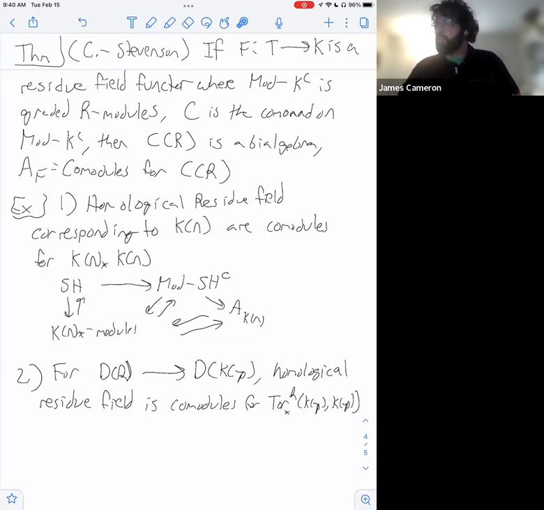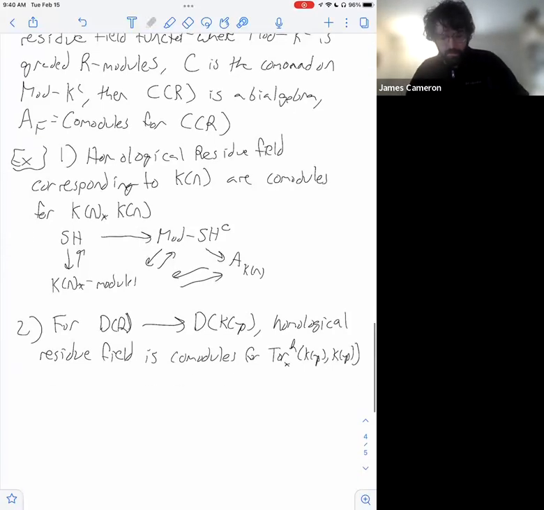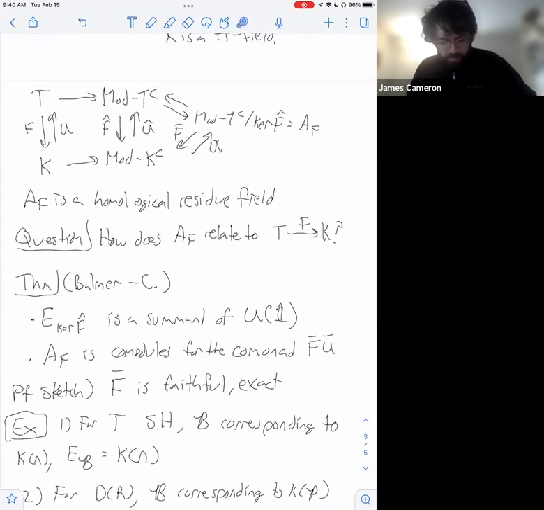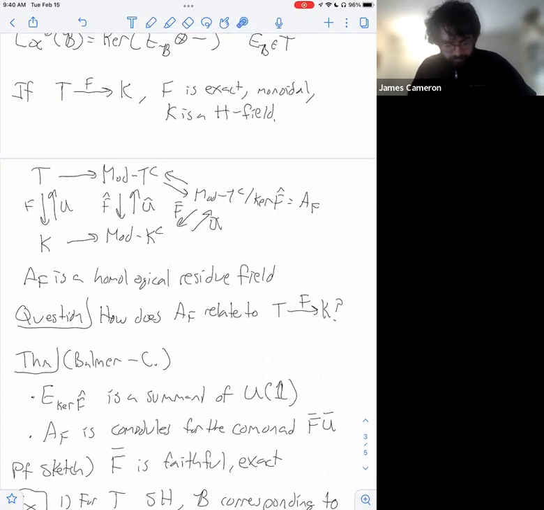So then I should mention, because I guess group theory was the title of this series of talks, what happens in modular representation theory. And maybe just to go back to this picture here before I mention it, we have this great diagram here, constructing these homological residue fields, and we had this assumption that F was a monoidal functor, and the point of it being monoidal is just to guarantee that this kernel of F ends up being a tensor ideal, and that's sort of all you need to get going.